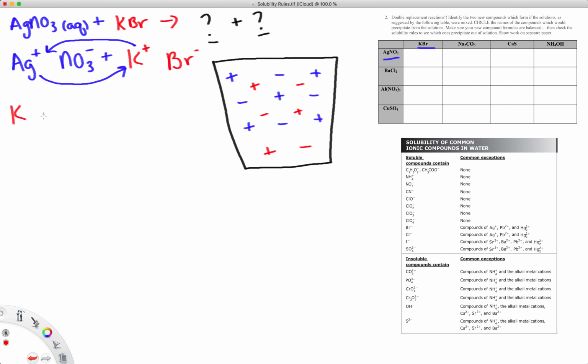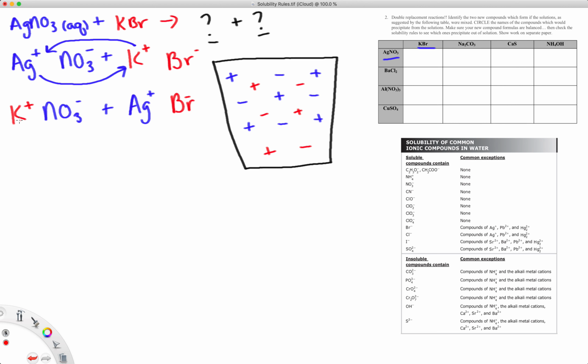We get potassium with a +1 charge, and nitrate with a -1 charge, and then silver with a +1, and bromine with a -1. Oops, I forgot my R. Now we can see how these can start to form two new compounds.